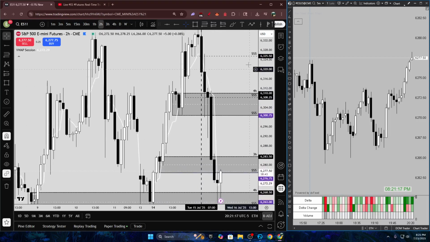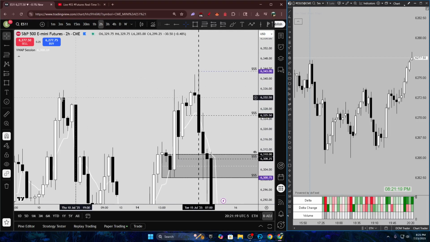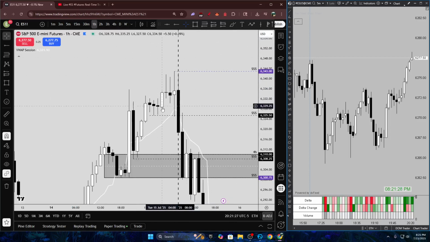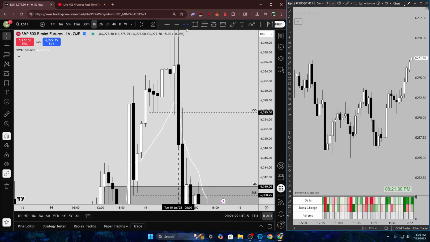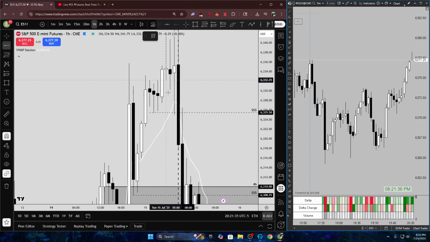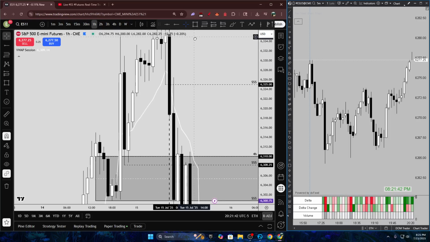Alright, let's see. We saw a sweep of this level. We never closed above it on a higher time frame. And here's that 1-hour goofiness. On the 1-hour, it does look like we swept this level and moved up. So then this would be that liquidity area as compared to this one, which we did previously have marked out as well.